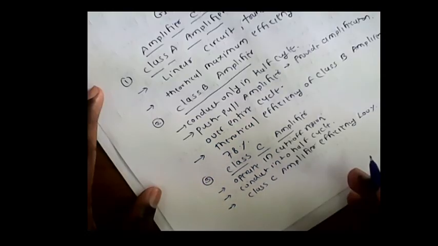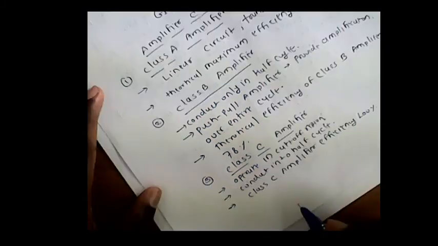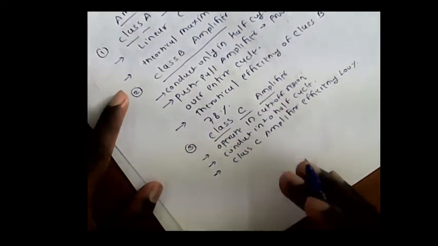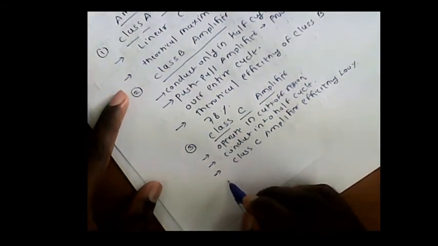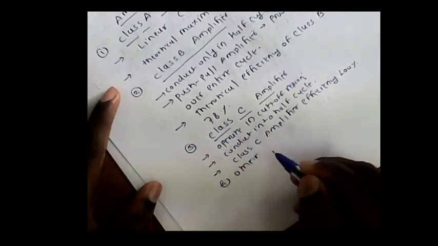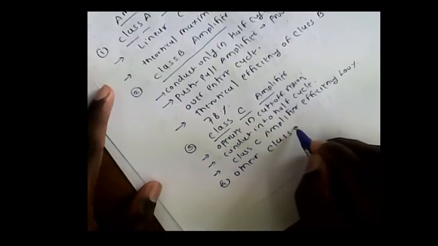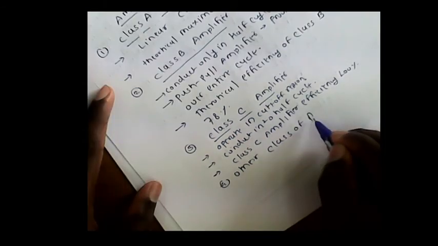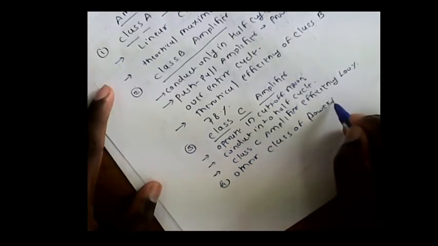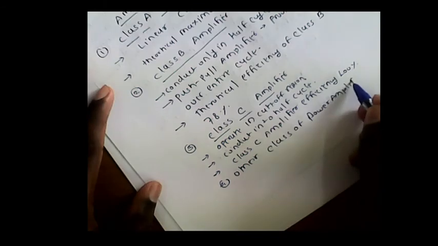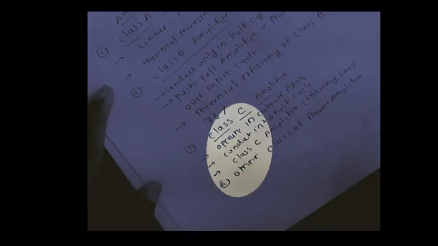So higher classes such as class D, E, F, have a transistor which may pump a highly resonant tank circuit, and they may achieve very high efficiency. So there are other classes of power amplifier which operate at very high frequency using a tank circuit.